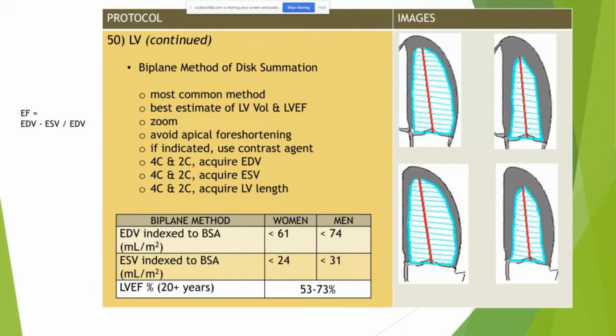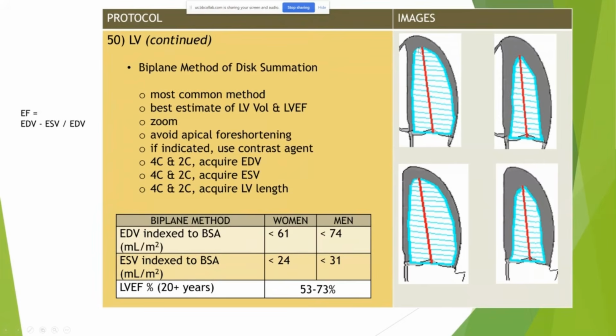So if you are not foreshortened, you want to get the maximum LV area, the left ventricular area. Please avoid foreshortening, otherwise your measurements will not be accurate. When you're approaching the mitral valve annulus, you want the contour to be closed, because when you go from here and you trace all the way down to here, your machine should automatically connect these two and close them.